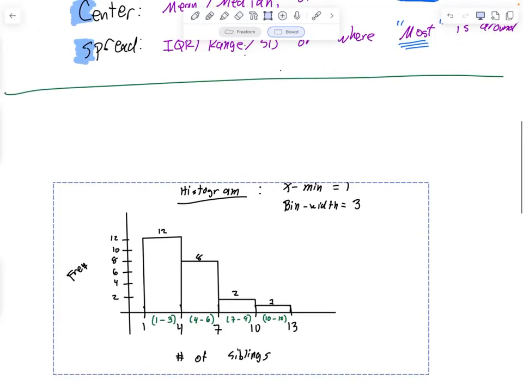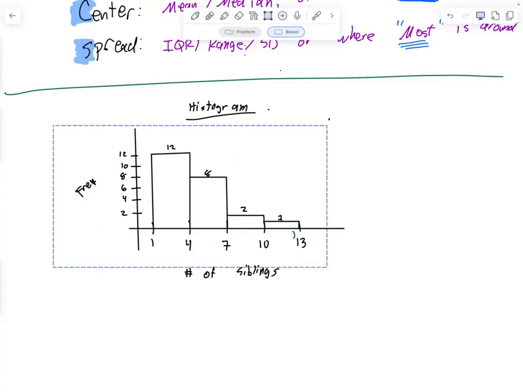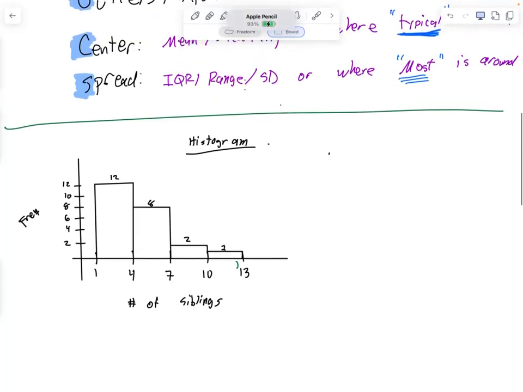All right, I'm gonna give you a few minutes to copy down this histogram that we made earlier on, and this histogram represents your class data for how many siblings. This was your class data for how many siblings. We'll give you some time to copy this down. This is our example, so that you can see how to do it.